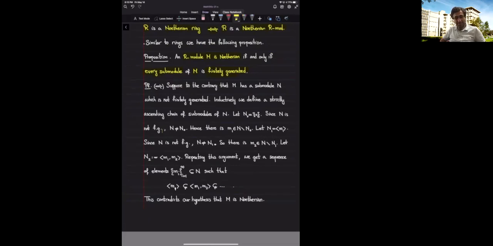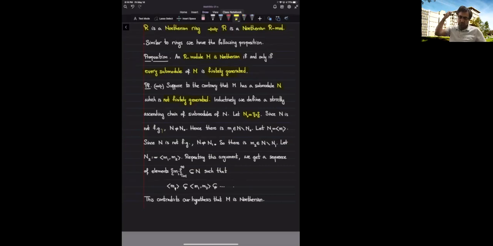Suppose, to the contrary, that there is some submodule N which is not finitely generated. Using this contrary assumption, I'm going to create a strictly ascending chain of submodules and get a contradiction. Okay, let's start with the zero submodule. Zero is, of course, finitely generated, and it's a submodule of N, so it cannot be the entire N. I can find something inside N that's not inside N sub 0.